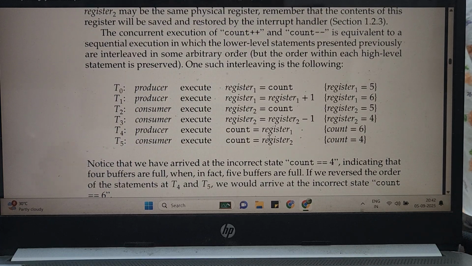So what we see here is that when two or more processes are accessing the same piece of data, and when they are all making modifications to it, there is a possibility of you ending up with an incorrect or inconsistent value. If everyone is only going to read, then there is no problem. But when more than one process is going to write onto the same data element or the same variable or the same memory location, it is best that you execute the processes serially or sequentially, one after the other, in which case there will be no inconsistency.